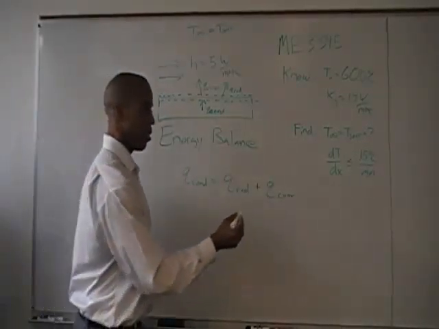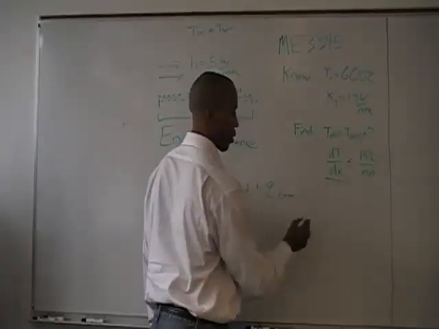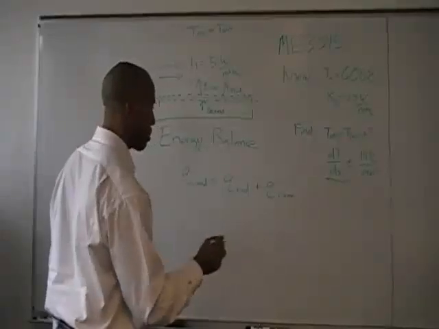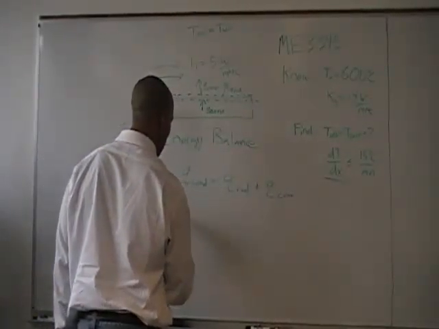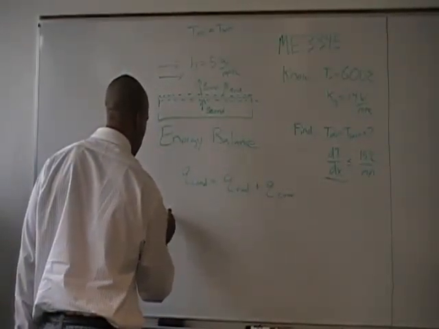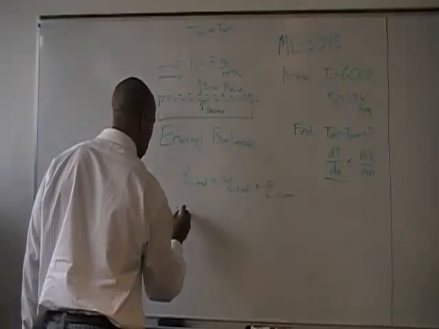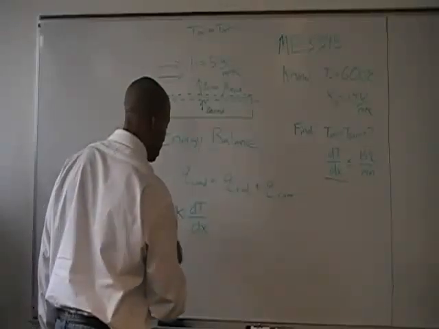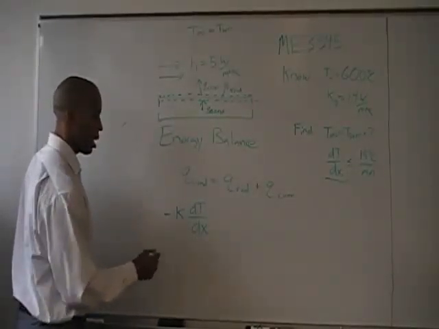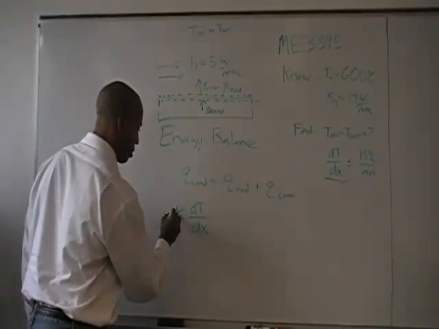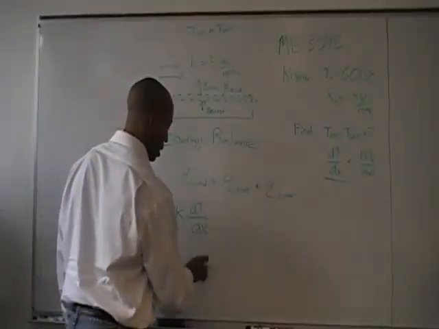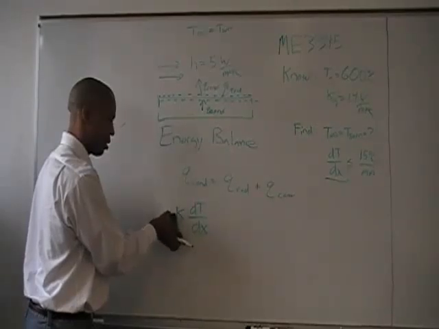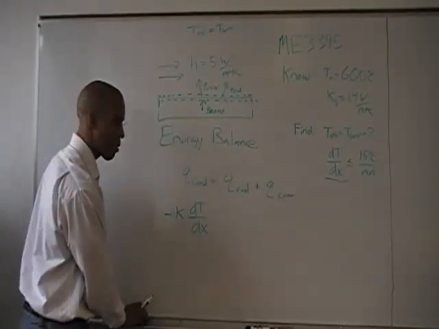So you should immediately think, you see this temperature gradient, and that's something that you can plug into Fourier's law. So we come down here and we write out our equations. Normally we write Fourier's law minus k dT/dx. There's an area that we must include as well. But this area is going to be the same for all of this, so the area is going to factor out. So I'm not going to include the area.